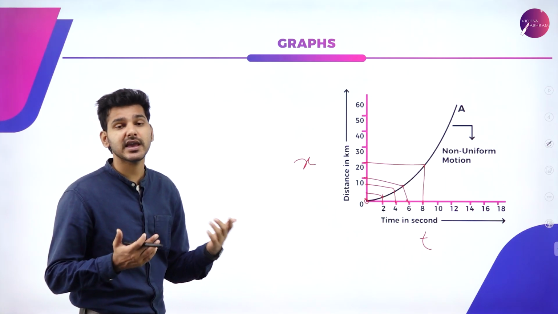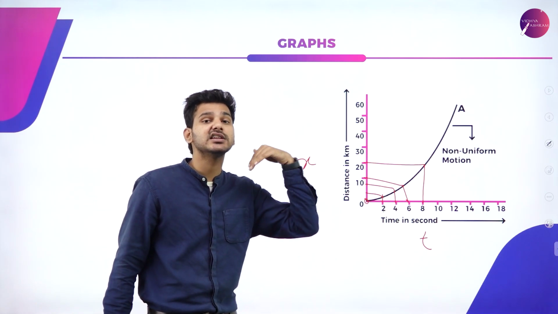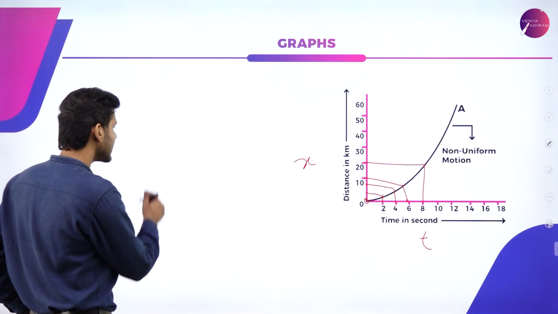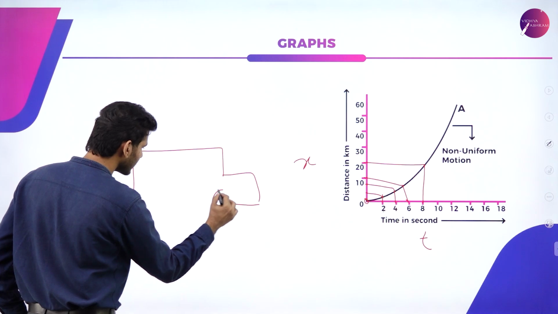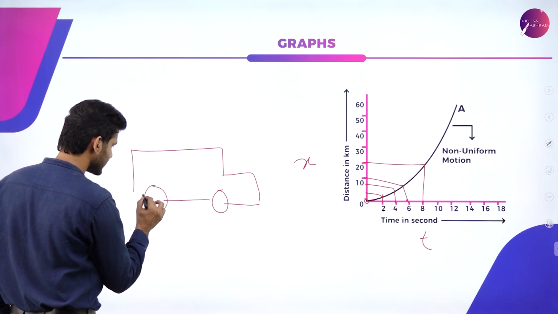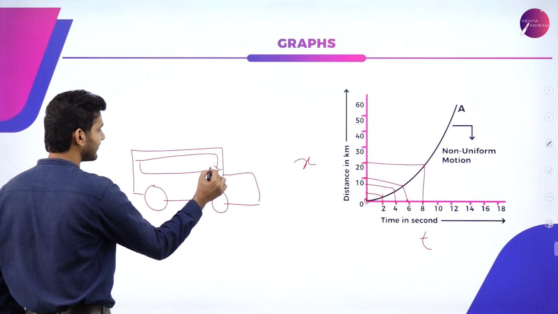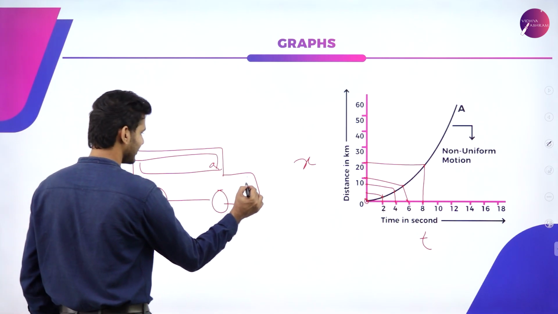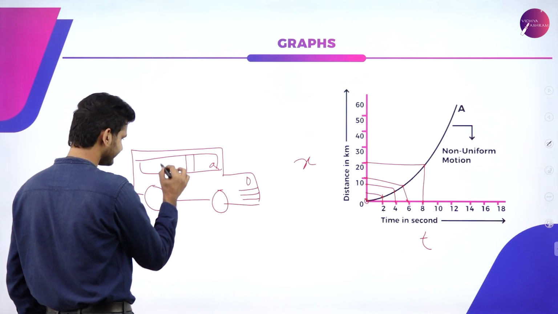So it could be any object that is starting from rest and moving with an increase in speed or velocity. Let's say this is a jeep or a car or anything for that matter. This is a particular bus. I like buses. So this is a bus.